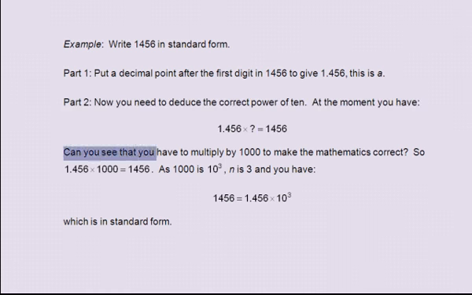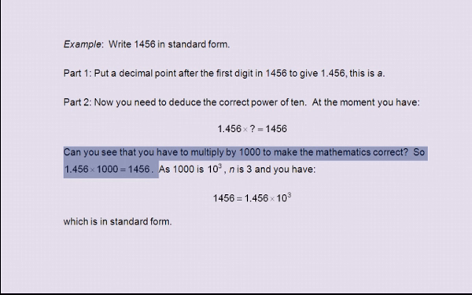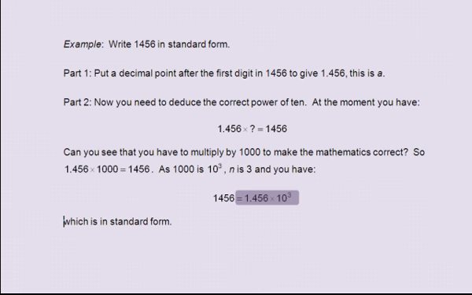Can you see that you have to multiply by 1000 to make the mathematics correct? So 1.456 multiplied by 1000 equals 1456. As 1000 is 10 to the power of 3, n is 3, and you have 1456 equals 1.456 times 10 to the power 3, which is in standard form.